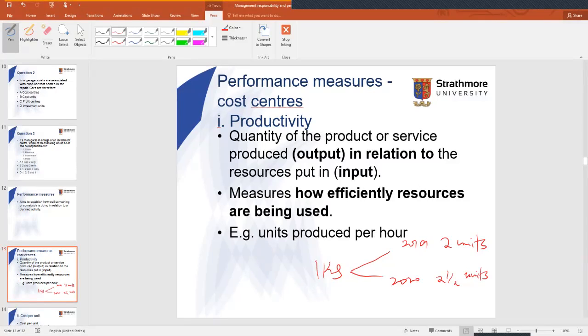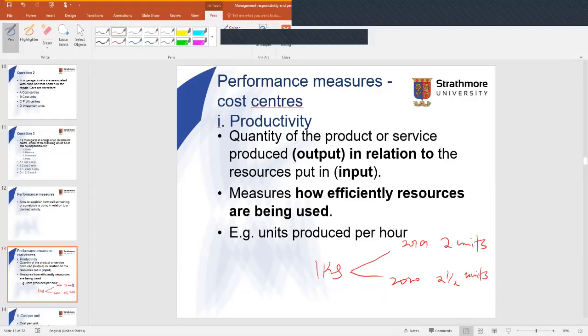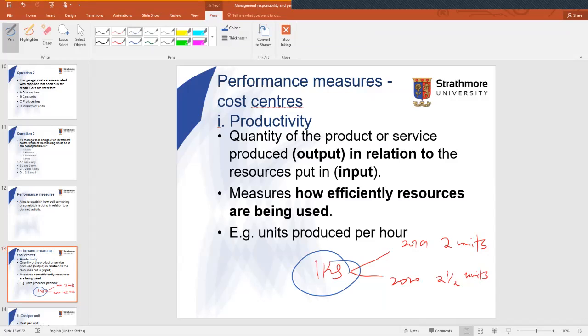Then we can say that in 2020 the company is able to get more output for the same input. Previous year was 2 units, this year is 2.5 units, because the production process is becoming more efficient in converting raw material into finished goods. We call this the ratio of productivity.